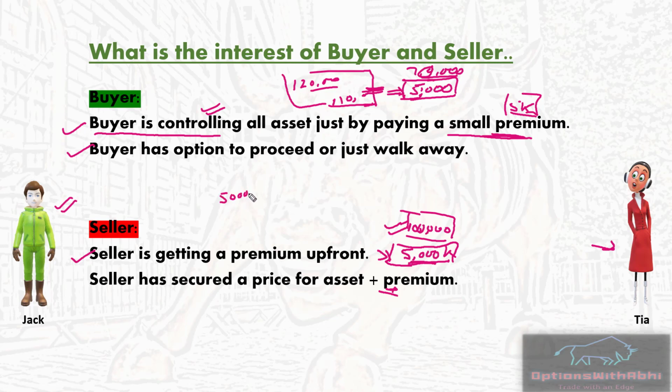So in total he will pay 105k if that deal happens, and that's what Tia will receive. Out of this 105k, Tia already received 5k. So whether the deal happens or not, in every case that 5k will be for Tia.